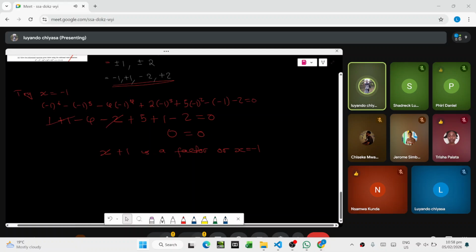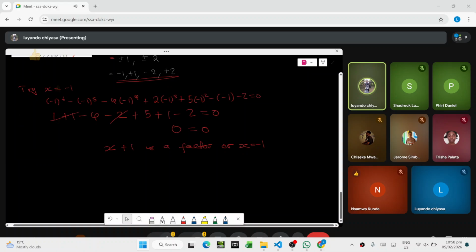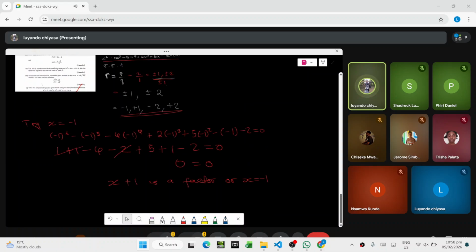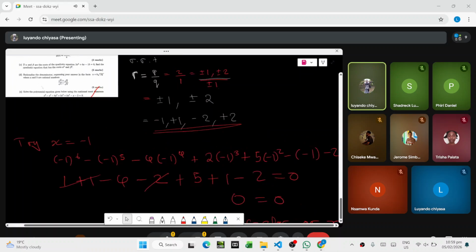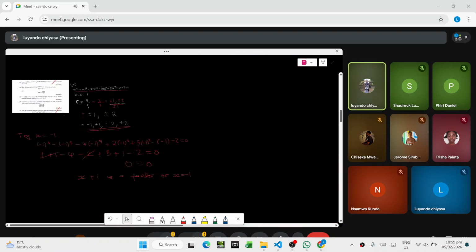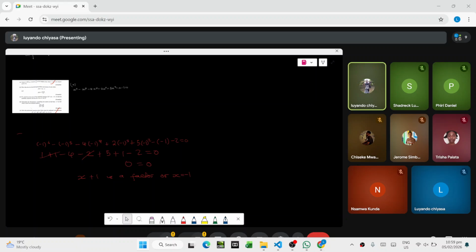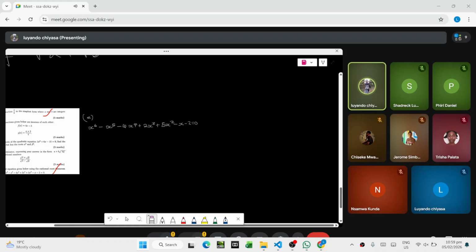So once you have your factor, you can now use that to try to divide this polynomial function and try to reduce it. I think the best method that we can use in our case is synthetic division.